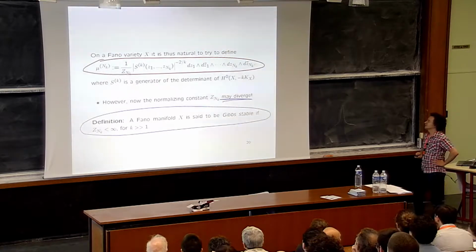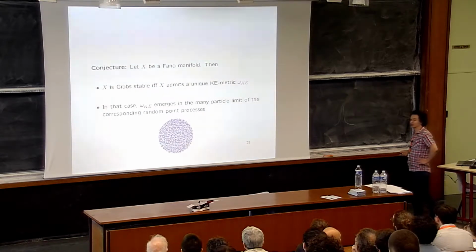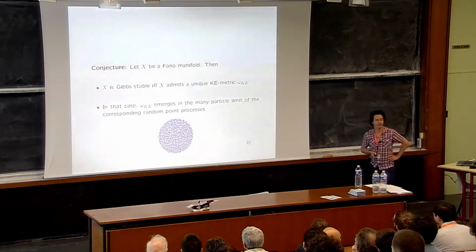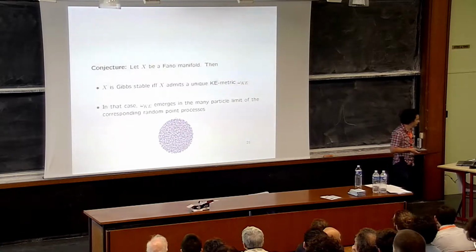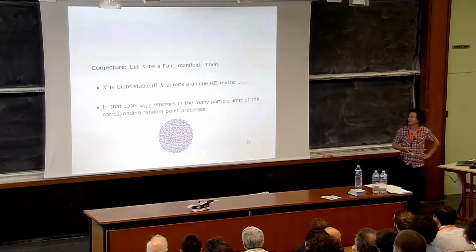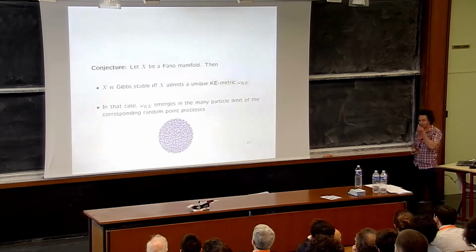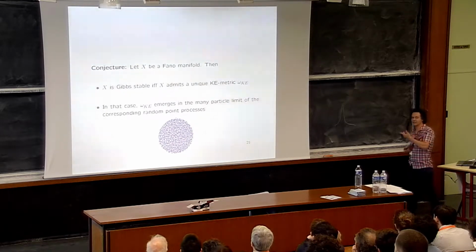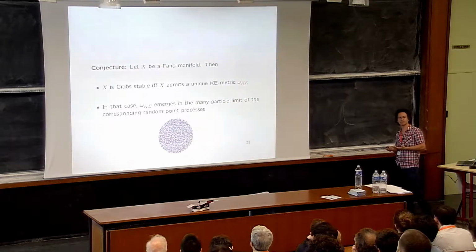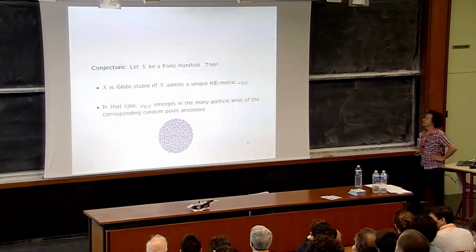That's Gibbs stability. So then the natural conjecture would be that a Fano manifold is Gibbs stable if and only if it admits a unique Kähler-Einstein metric. I will come back to the uniqueness, because we're talking about Gibbs stability, not Gibbs polystability, for the moment.